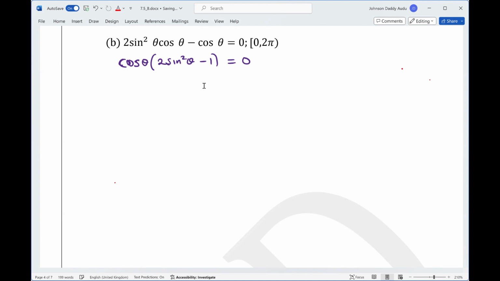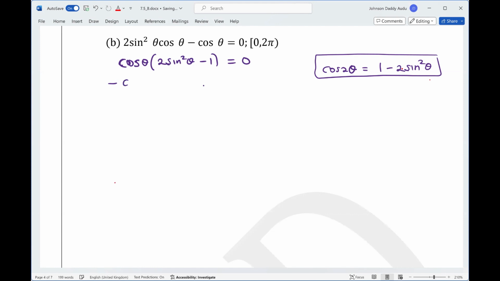is equal to 0. But what is this one? We know cosine 2 theta is 1 minus 2 sine squared theta, right? So what that means is that here we can factor out minus.